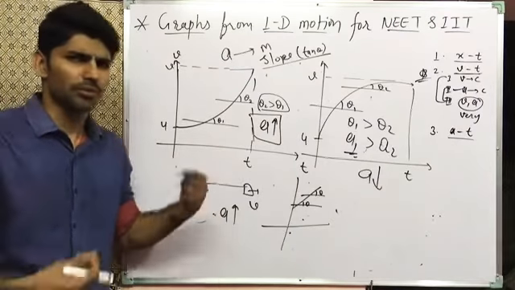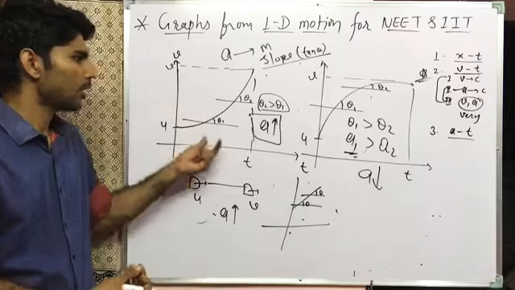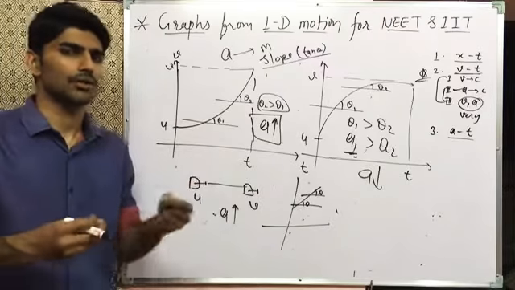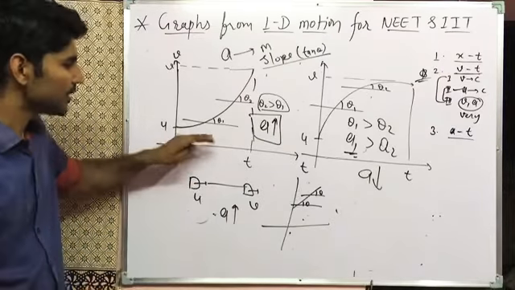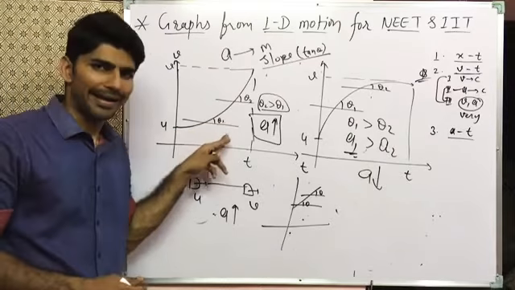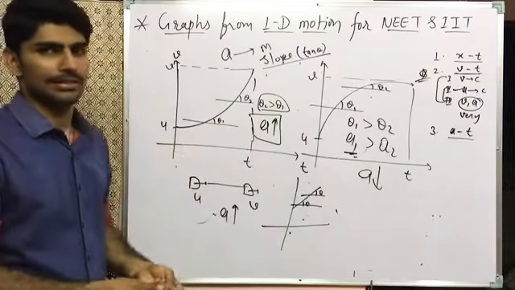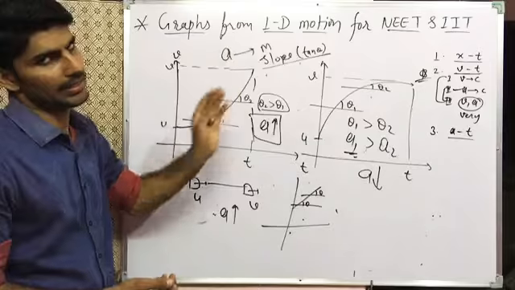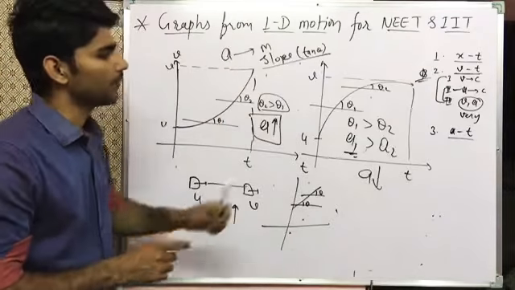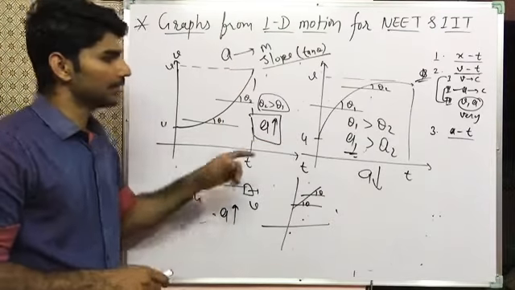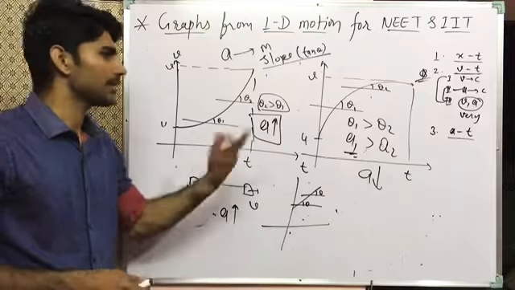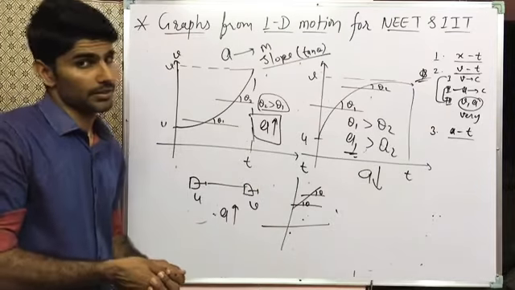You don't need to memorize it, you just need to understand how to determine increasing or decreasing acceleration, just draw two angles. If angles are increasing, that means slopes are increasing and acceleration is also increasing, and if angles are decreasing, that means slope is decreasing and acceleration is decreasing.